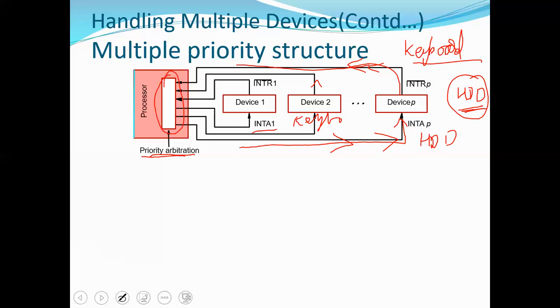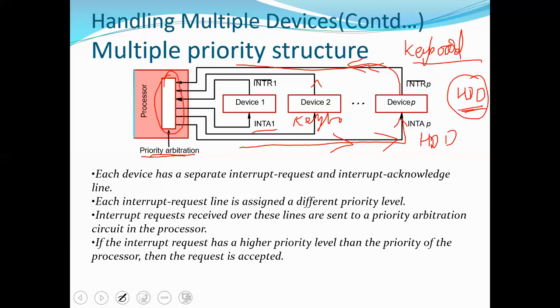So this is the priority structure, and each device has a separate input request and input acknowledgement line as per this priority structure. This is an architecture which can be implemented for the connection of devices and the processor.